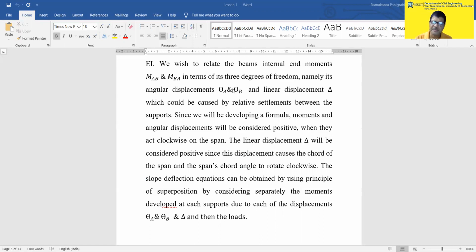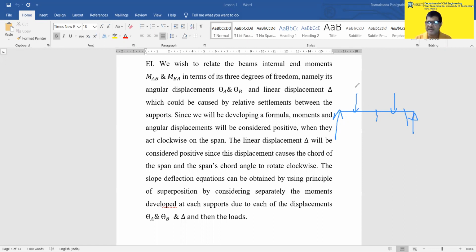Let me explain this. Suppose I want to find the deflection at the center of the span, and I have applied two loads here and there. What is the deflection here?